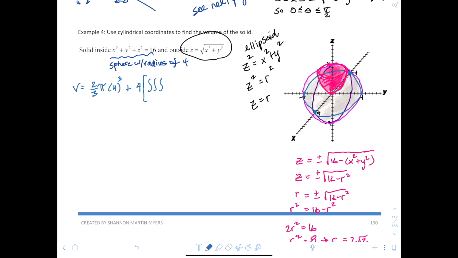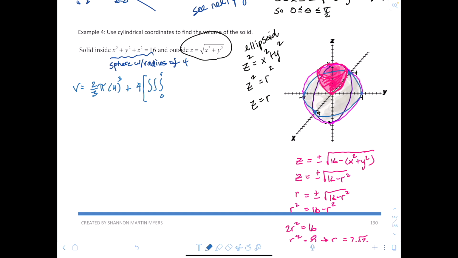So remember that z is between 0 and r, because z was equal to r. And so from 0 to r. So we're working with z. Z is between 0 and r.